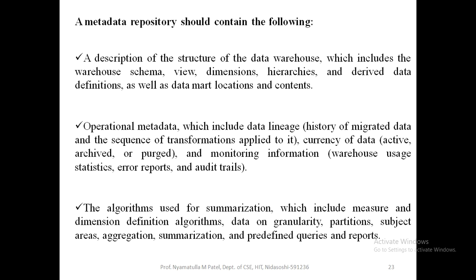The history of the migrated data and the sequence of transformation applied to it. Currency of the data, active, archived or purged data, and monitoring information, that is warehouse usage statistics, error reports and audit trails. This also is a part of the metadata repository.